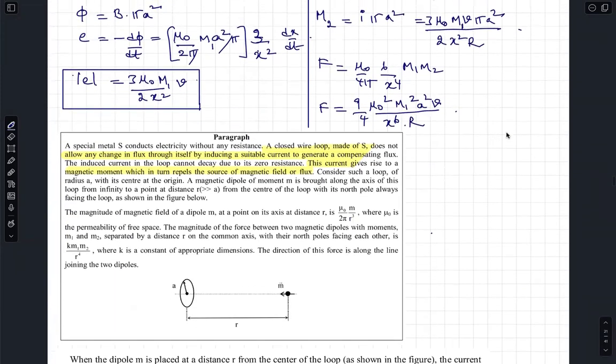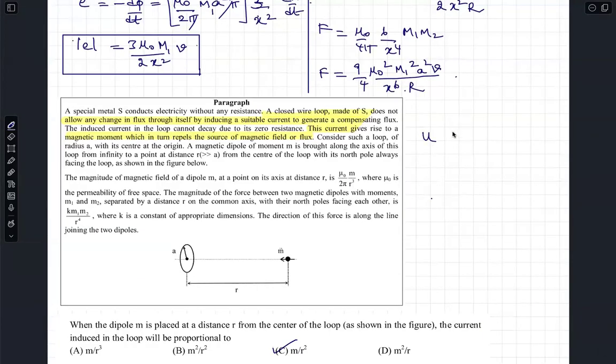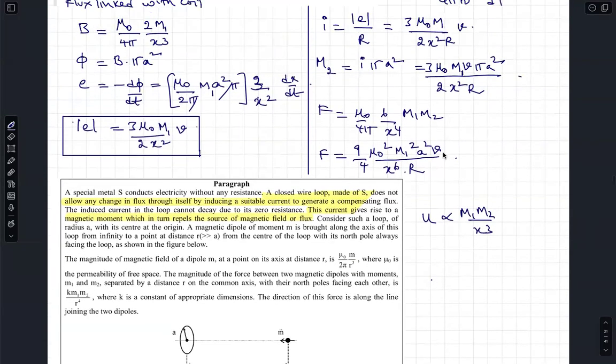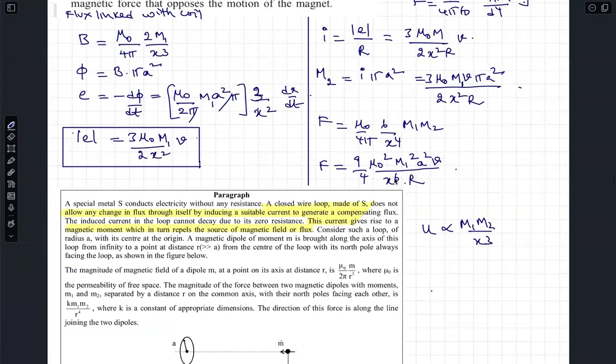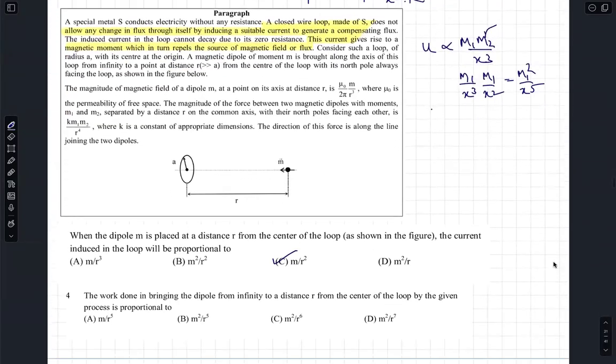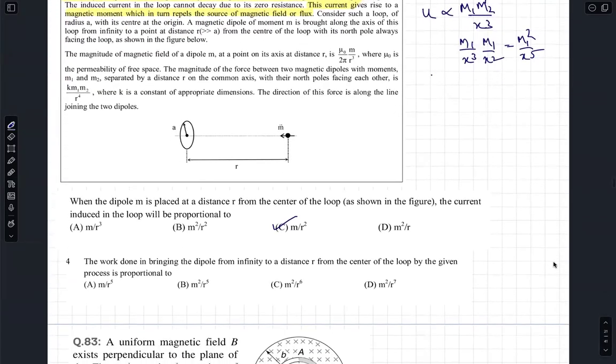So potential energy is proportional to M1 M2 by x cube. But M2 we have already, M2 contains M1 by x square term. M1 by x cube into M2, which itself contains M1 by x square term, gives M1 square by x power 5.